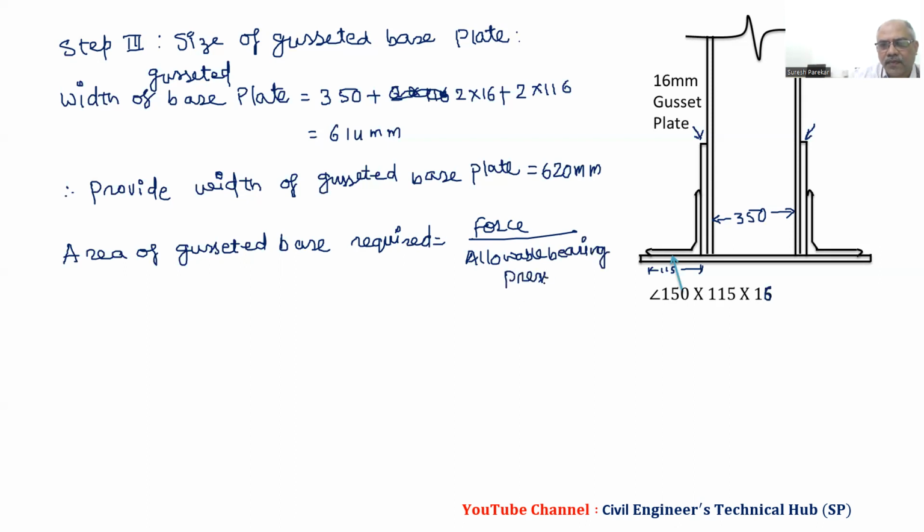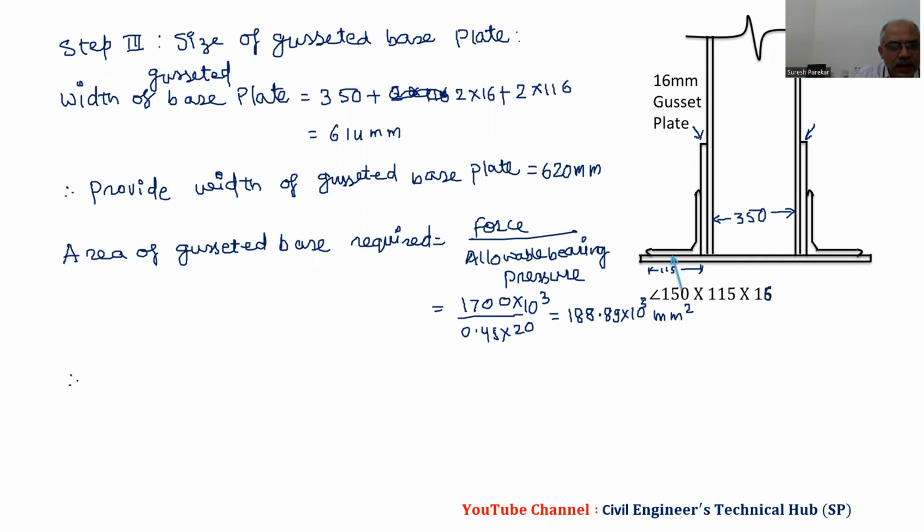Now we have force 1700 upon allowable bearing pressure, we have 0.45 into 20. And we have area required 188.89 into 10 raised to 3 millimeters square.